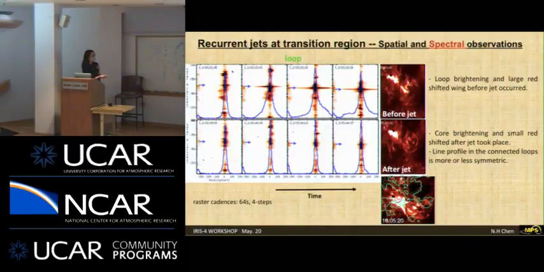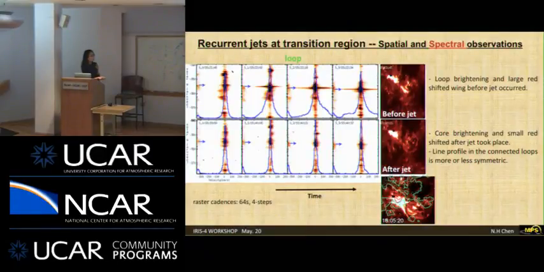So the spectrum just shows you that it can be fitted by a single Gaussian, and usually it has a redshift when it's very broad, and closer to the loop top we can see some very long tails on both ends.